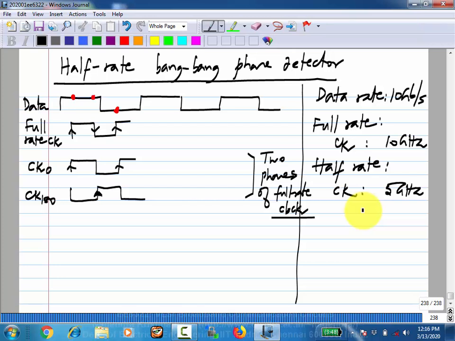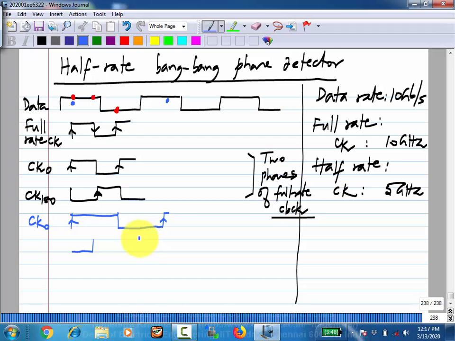Yes, Joseph, what is it? 4, yeah. So let me draw one half rate waveform. It will look like this, right? I will sample here and there. That is, I will get this sample and then that sample. Now, this is CK0. Now I need this one. To get that, what phase shift do I need at this frequency? 90 degrees, right?